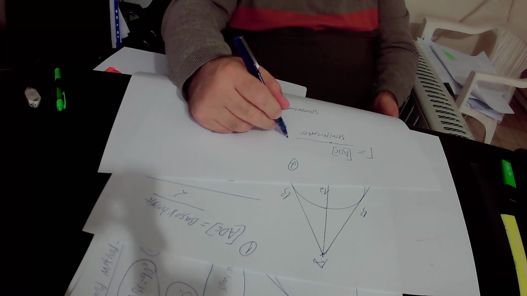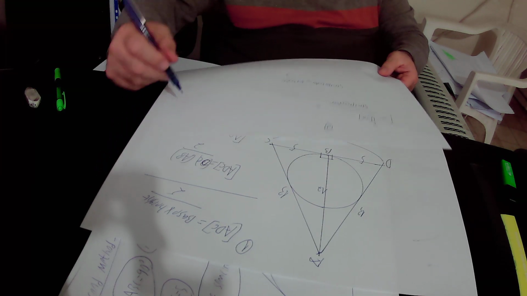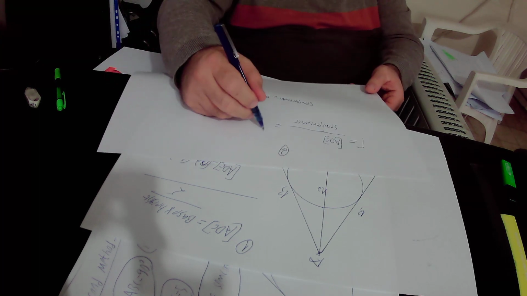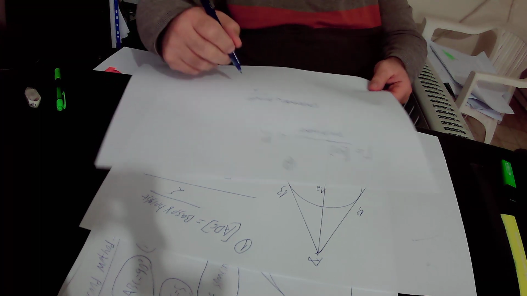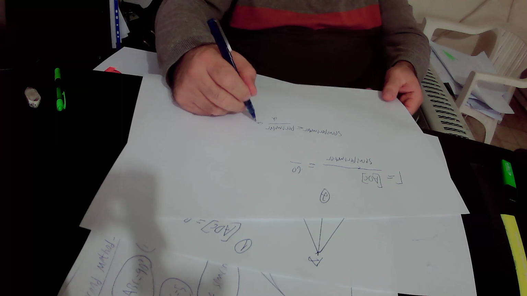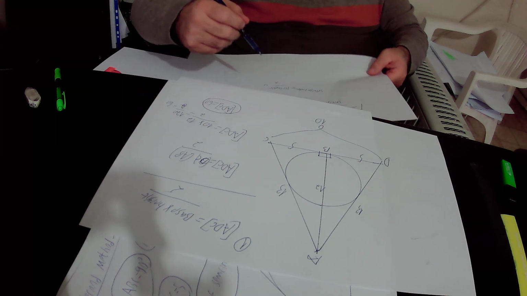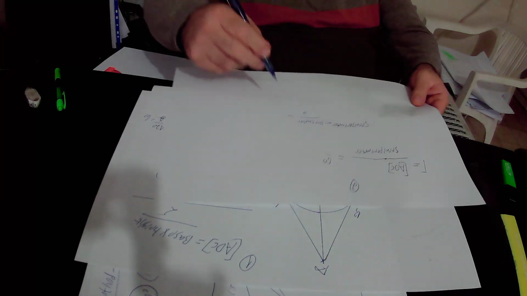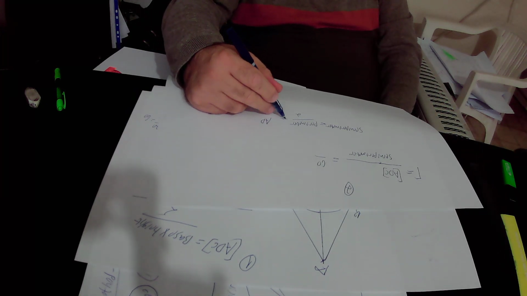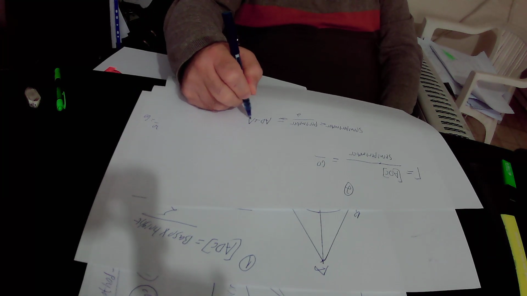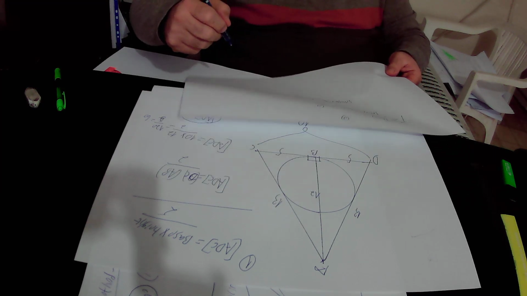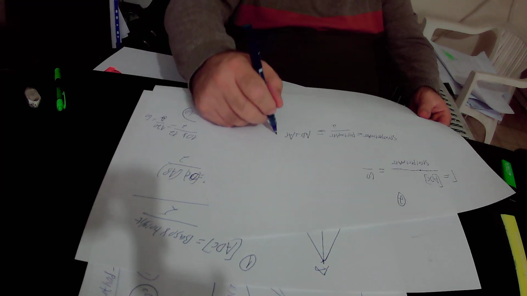We already found that the area of triangle ADC equals 60 square units, and the semi-perimeter will be equal to AD plus AC plus DC over 2.